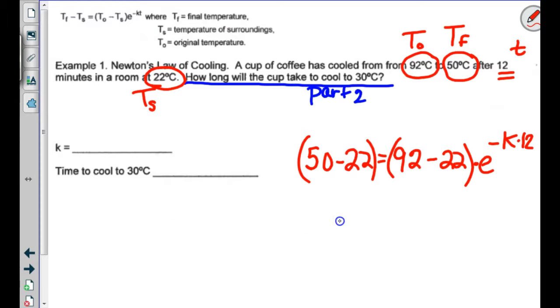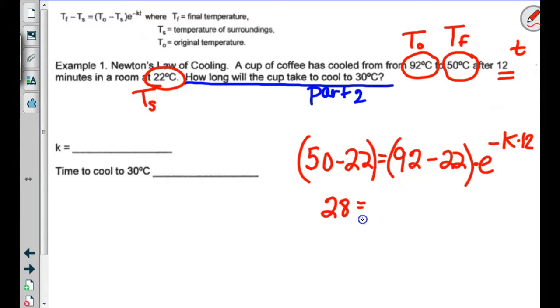So what we're saying basically, guys, is how far off is the coffee from the surroundings? So 50 minus 22 is what, 28? Did I do that right? How far off was it from the surroundings originally?